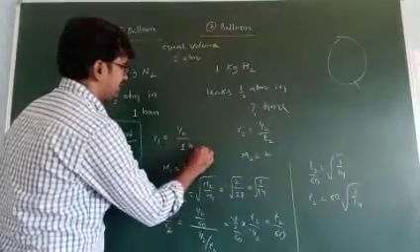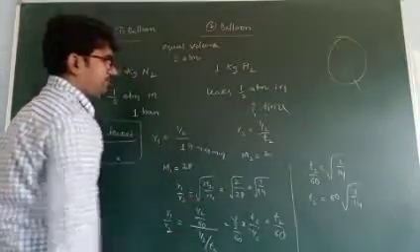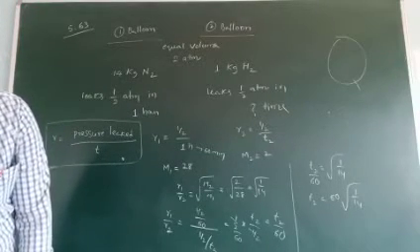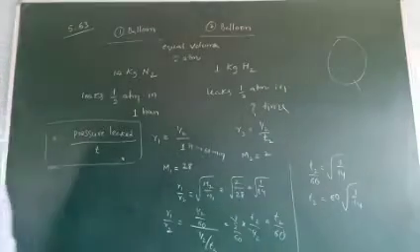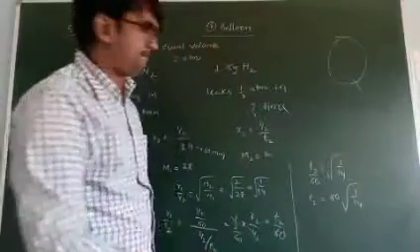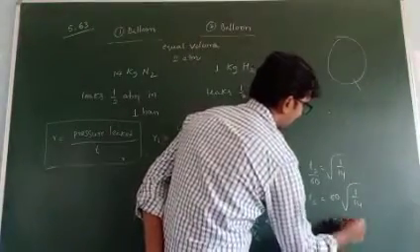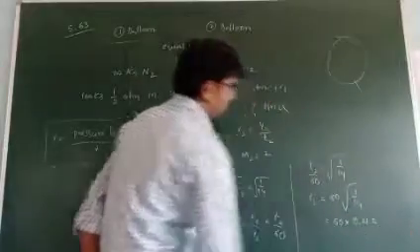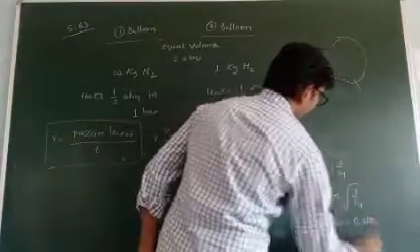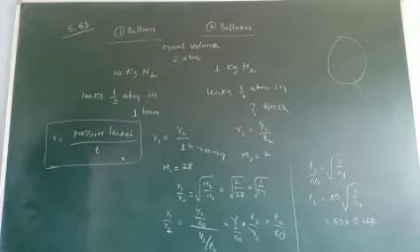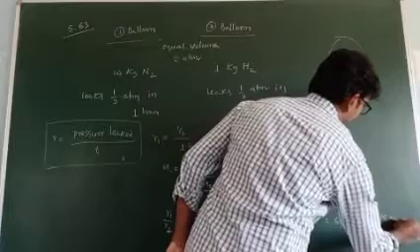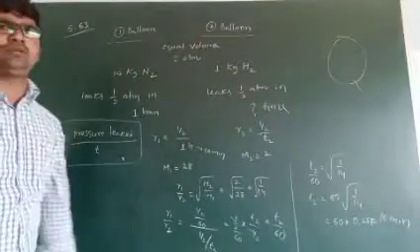Remember this point, all of you. So this final value: 60 into this value, 0.267, so the total value is 16 minutes. Okay, this is about this problem. Very easy problem.